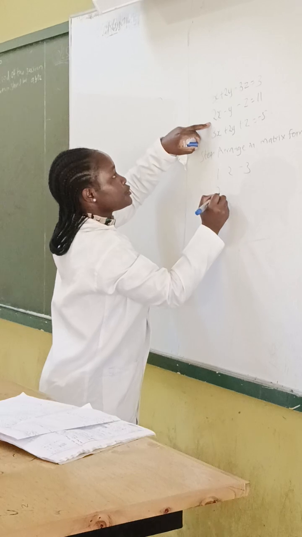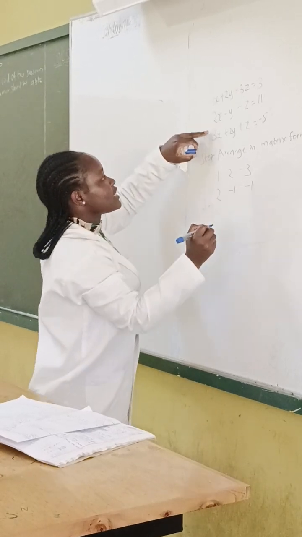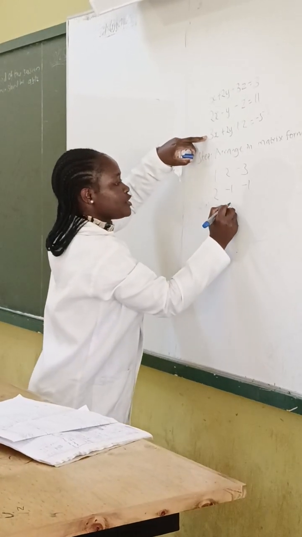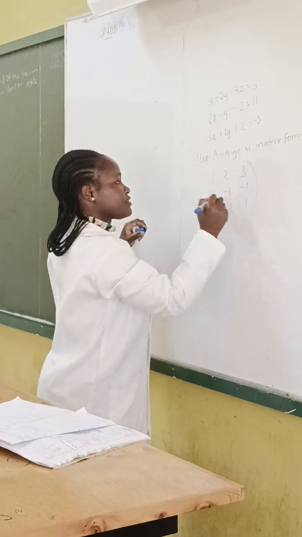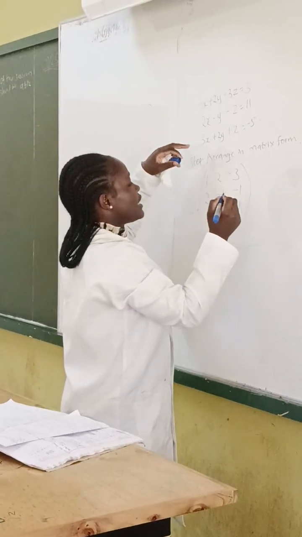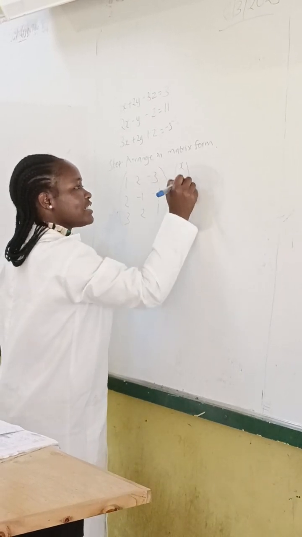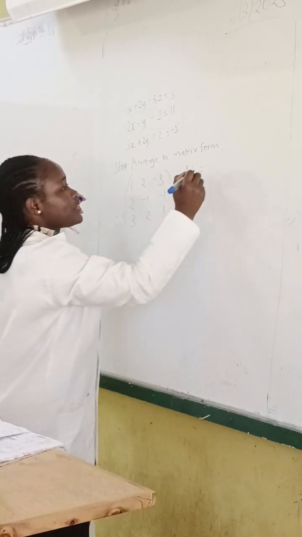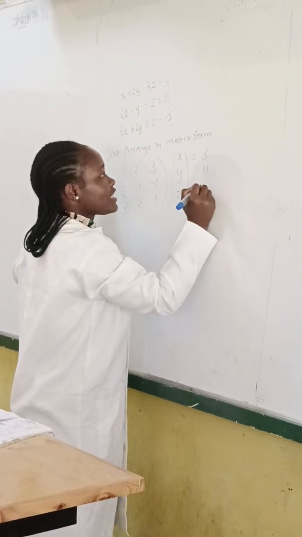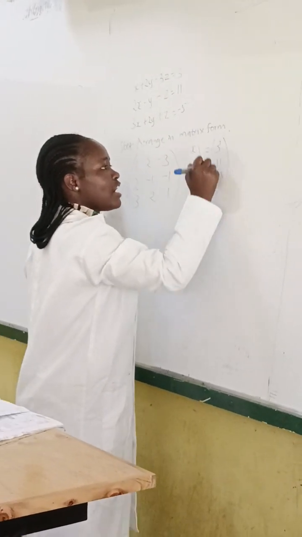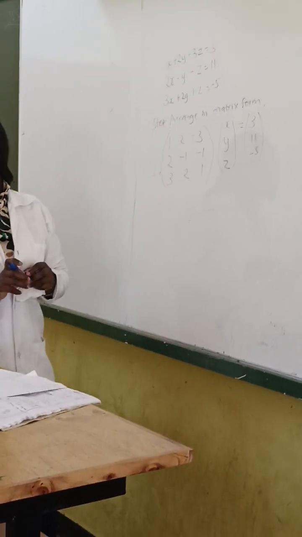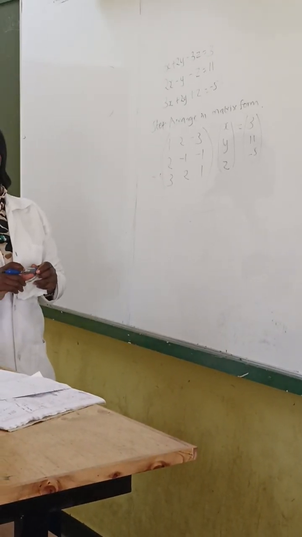We have 2, -1, -1. We have 3, 2, 1. Multiplied by x, y, z. It will be equal to 3, 11, -5. Up to that point, anyone with any difficulty?